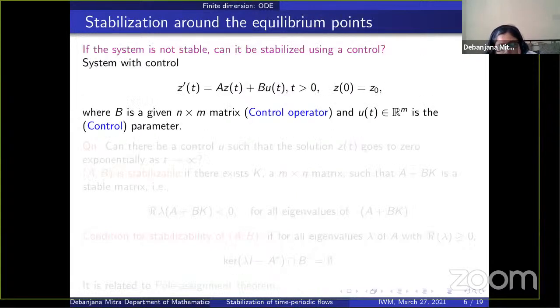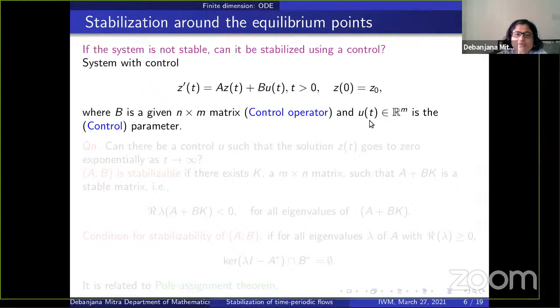Now how does stabilizability come in? Suppose a dynamical system is given to you, and you find that some eigenvalues of A have positive real part. That means the system is not stable. Then the question comes: suppose you add one parameter, or one input, which we introduce by B, where B is the control operator and u is the control variable.